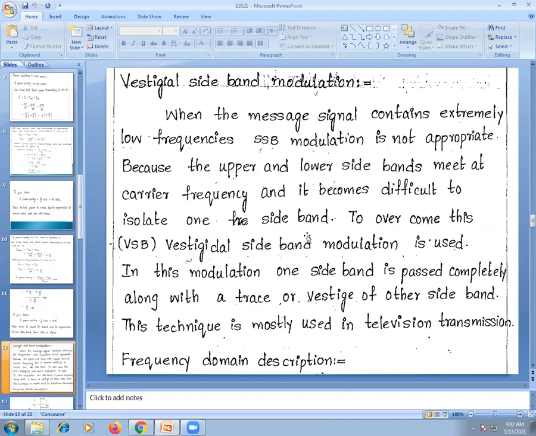Okay, now we go for another concept, that is VSB, vestigial sideband modulation.